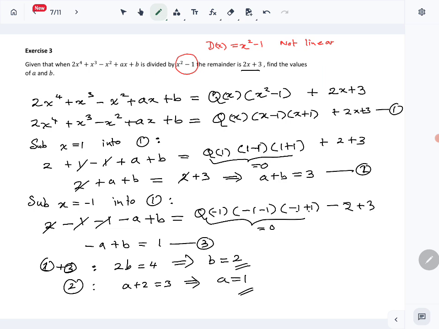So that is how you do this type of question. Here you can't use the remainder theorem or factor theorem because our divisor is not linear. Remainder theorem or factor theorem only works for linear divisors, right?